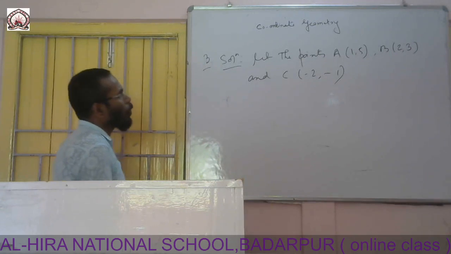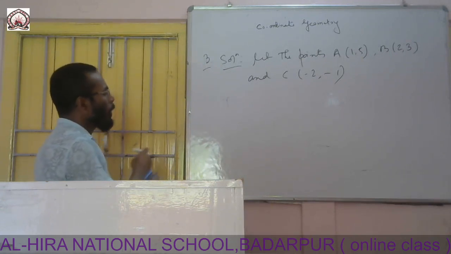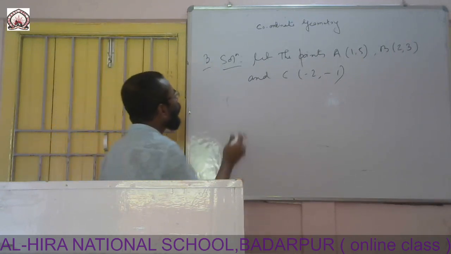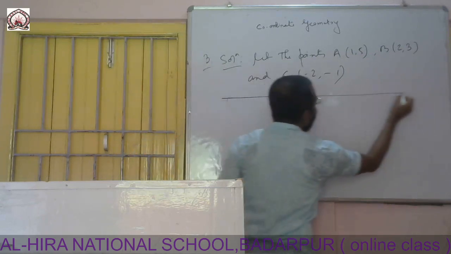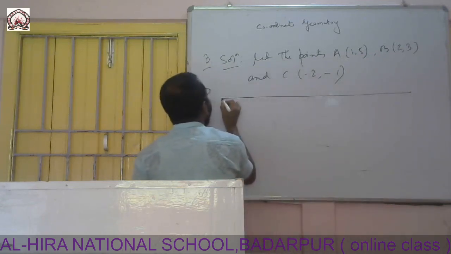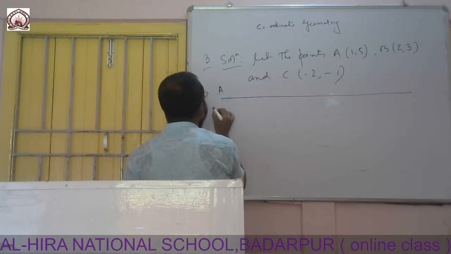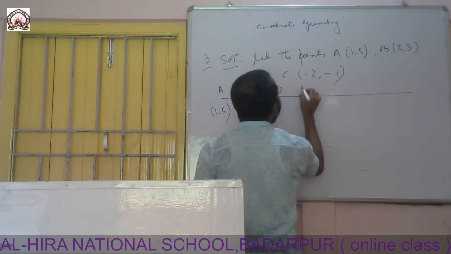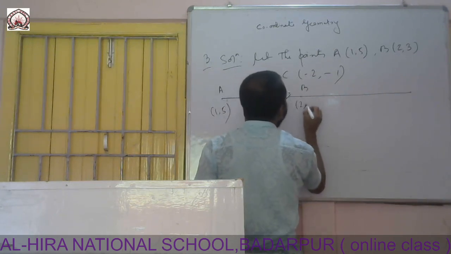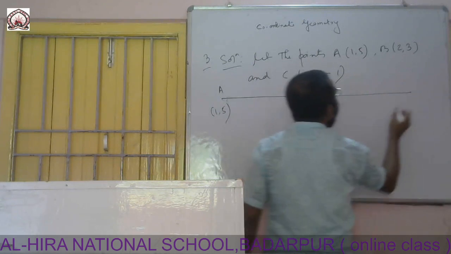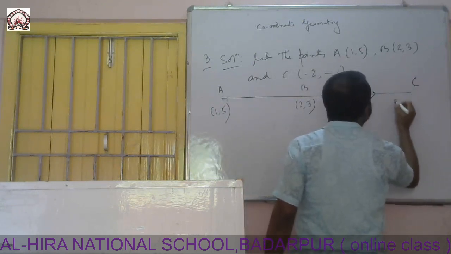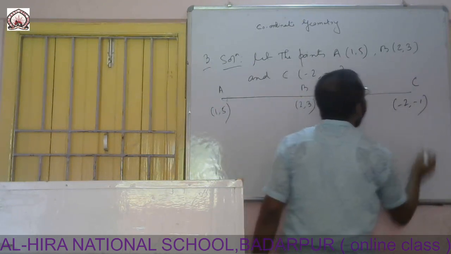As the points are collinear, they should be in a straight line. So if we draw a straight line, here A is (1, 5). Here we take B, it is (2, 3). Here we take C, it is (-2, -1).